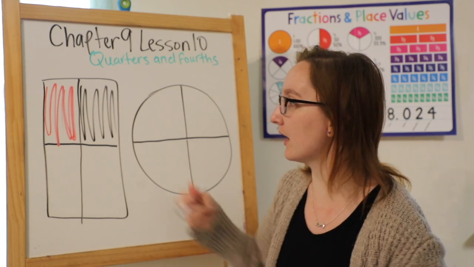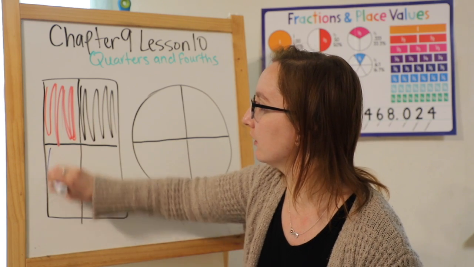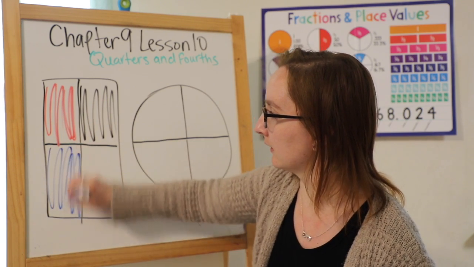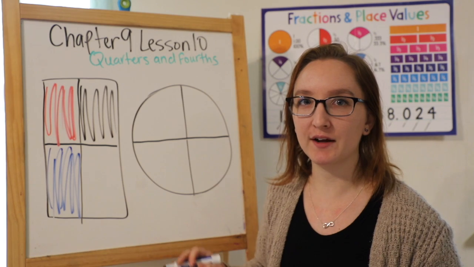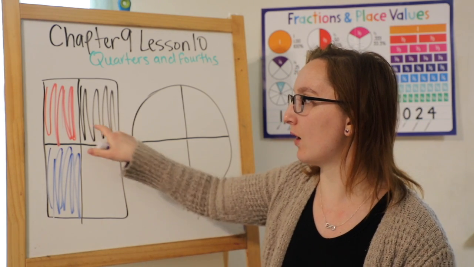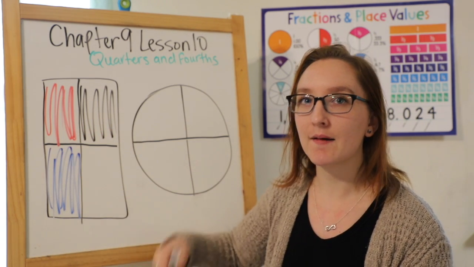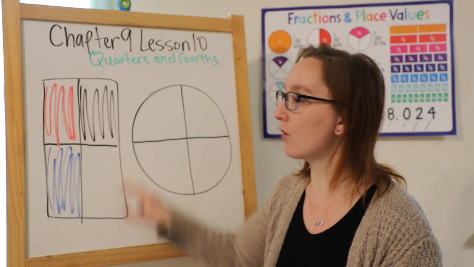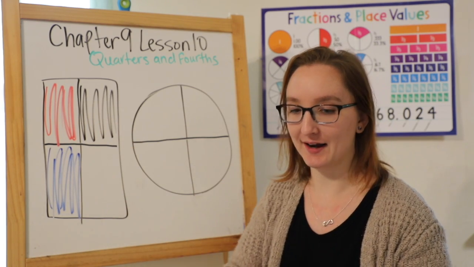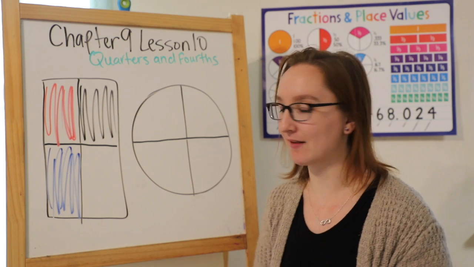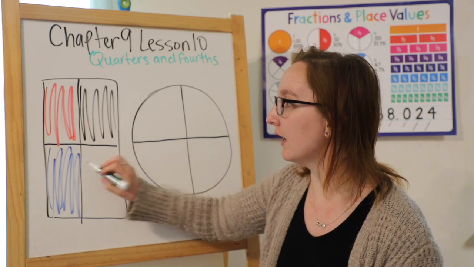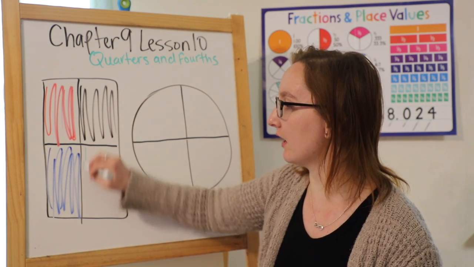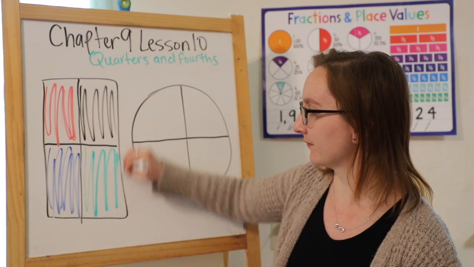My third fourth in blue. So if we look at this right now, so far I have 1, 2, 3 parts out of 4 colored. Alright, now I'm going to color in my last part. When I color in all 4, then I have colored in the whole thing.